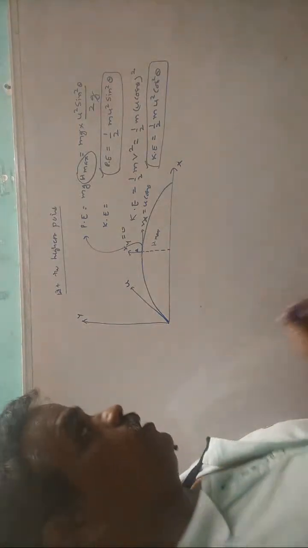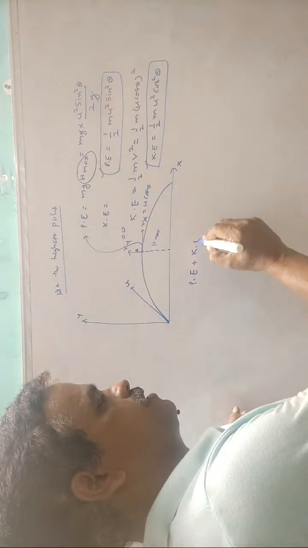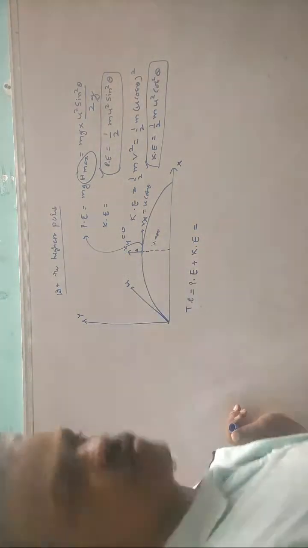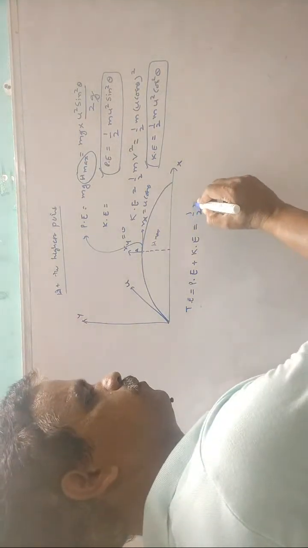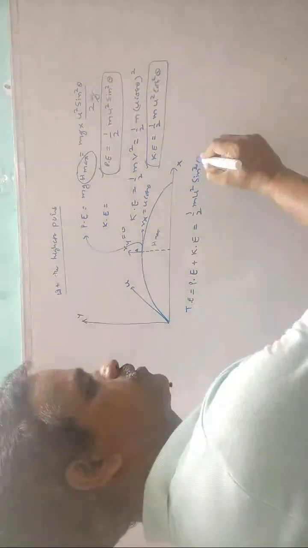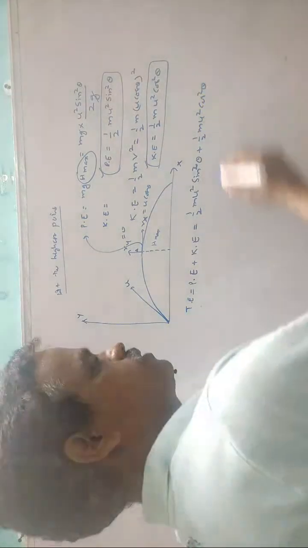Then add these two things, potential energy and kinetic energy, to get the total energy at the highest point. What is the total energy at the highest point? That is equal to half m u square sin square theta plus half m u square cos square theta.